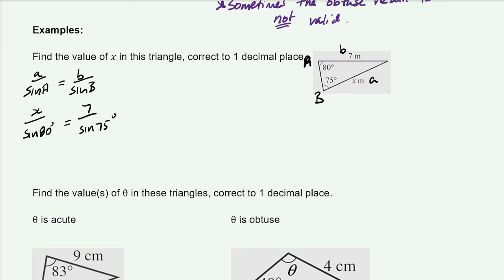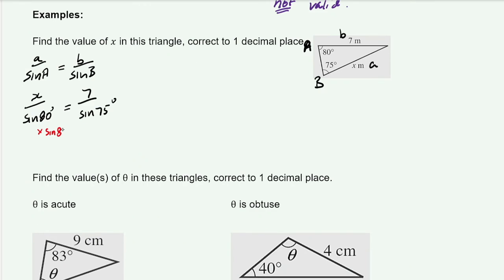Now, following some basic algebra, multiply both sides by sine 80. And that's going to get us x equals 7 over sine 75 multiplied by sine 80.